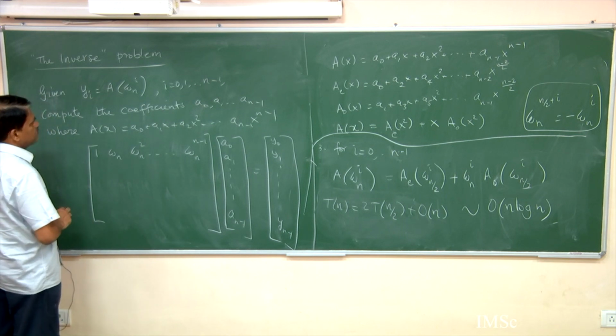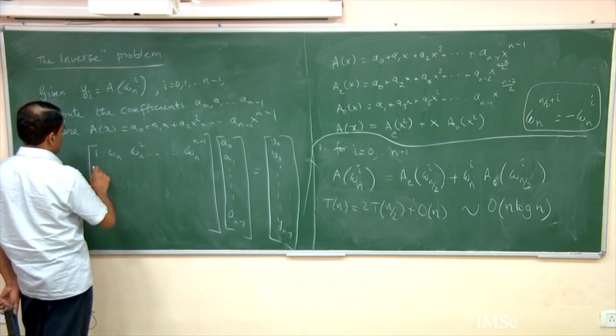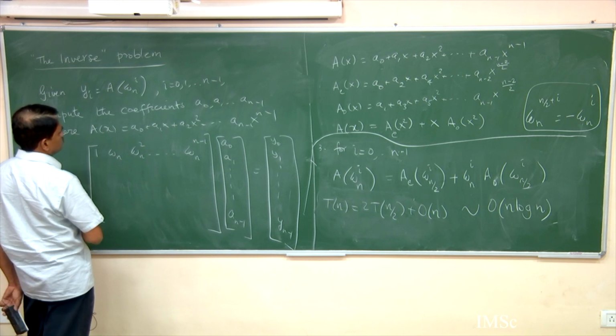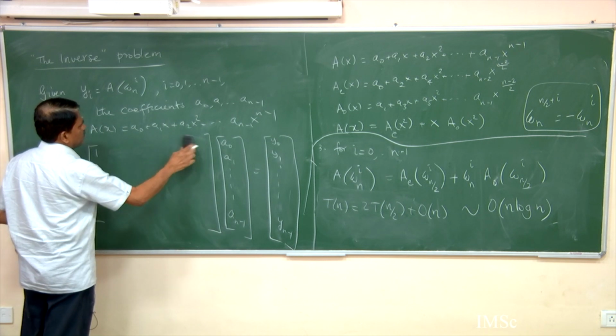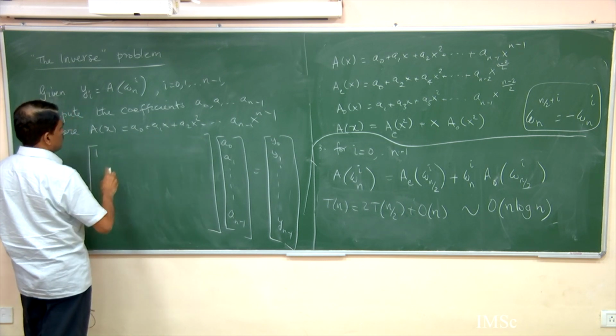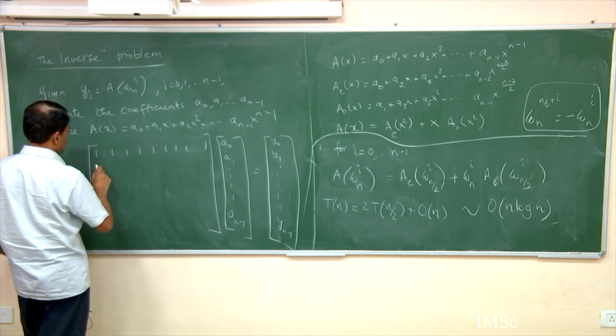So what is this matrix? I'm evaluating first at 1. So when I evaluate it at 1, I will get 1, 1, 1, 1, 1, right?